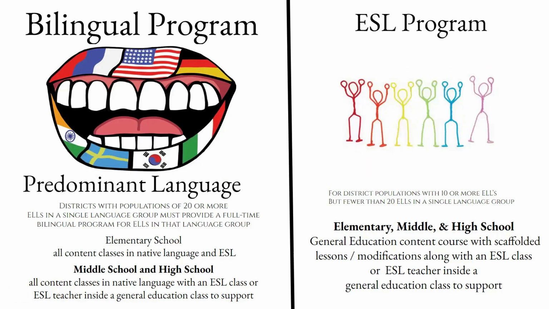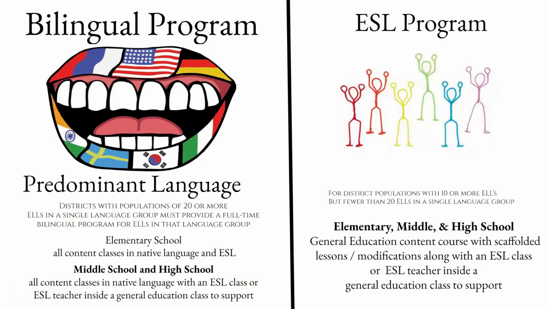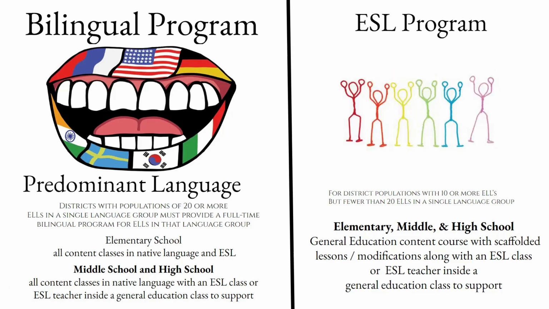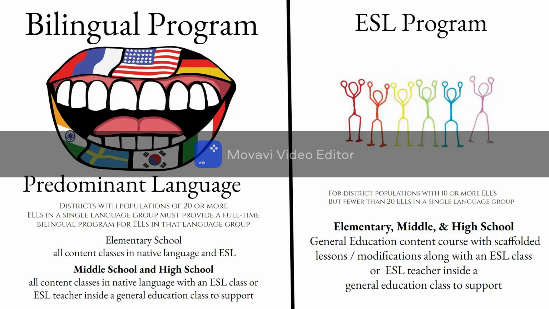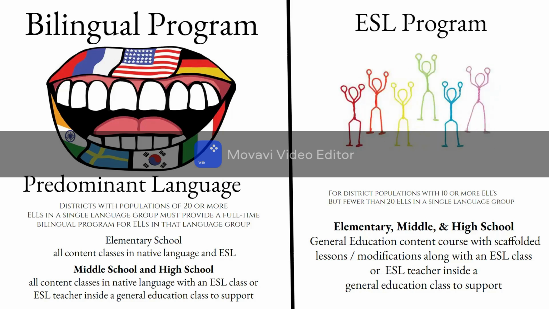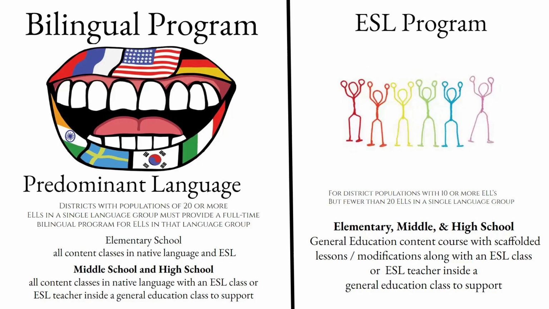So they learn social studies, math, and science in Spanish while they learn English. Once they reach a certain level of English, you provide them with an English language learner schedule, where you're learning the content in English all day. Math, science, and social studies are no longer in Spanish, but everything is modified as you're still learning the language.